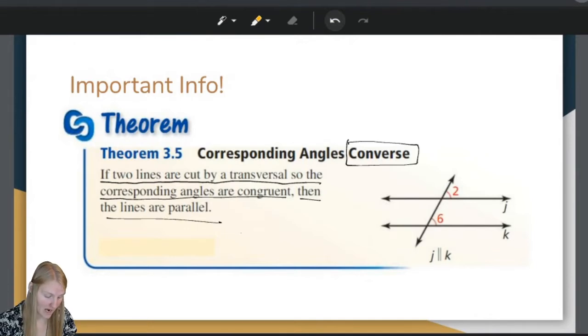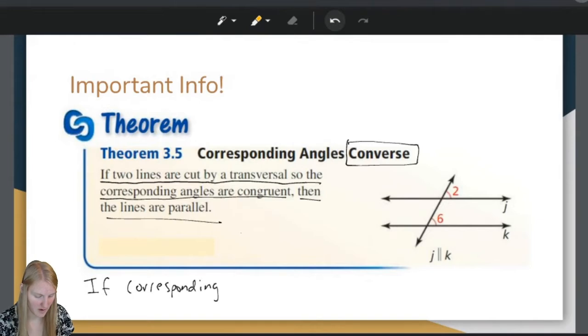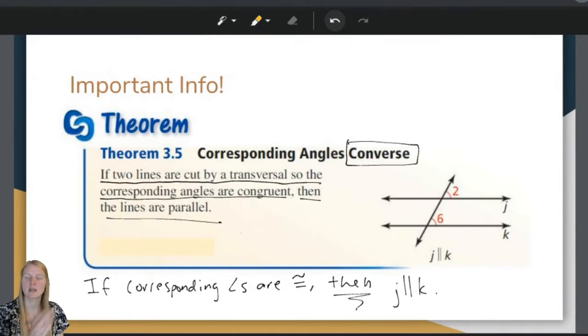Now, we have, well, let me write it here a little bit. If corresponding angles are congruent, then the lines are parallel. Or then, in our case, J and K are parallel.